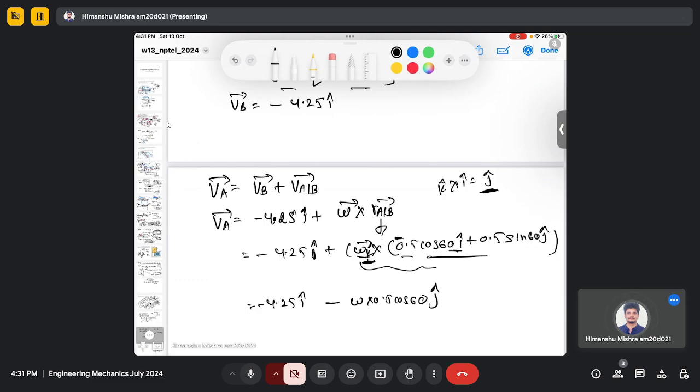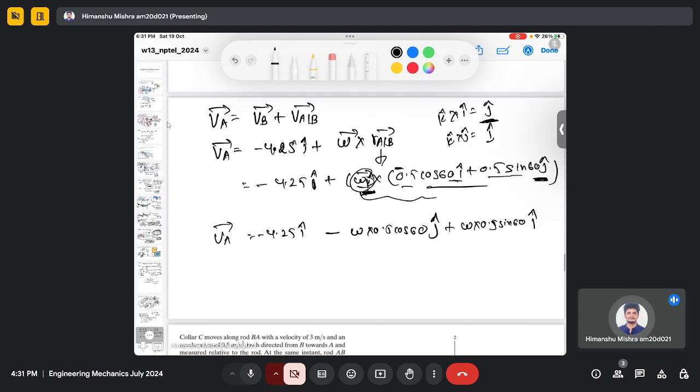When you do the cross product between k and j, you will get something in the i direction, and the magnitude is omega multiplied by 0.5 sin 60 in the i direction. So now there are two quantities which are in the x direction.